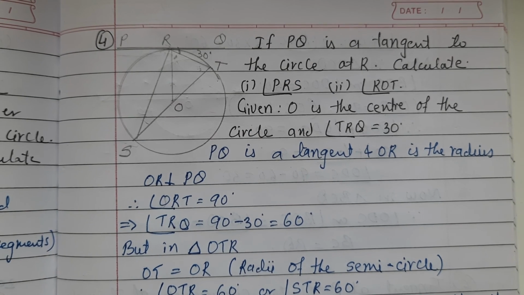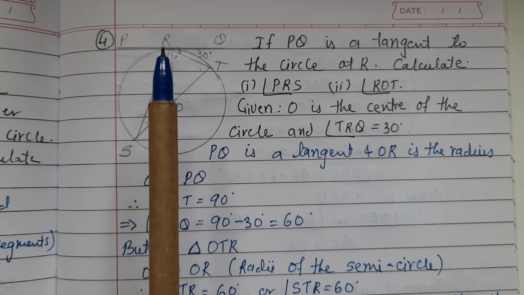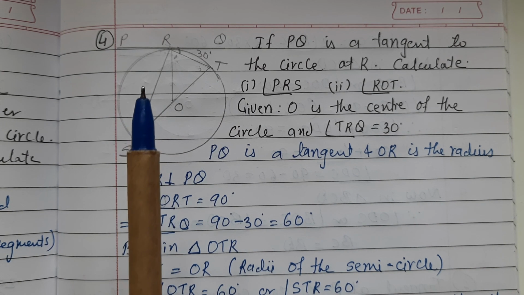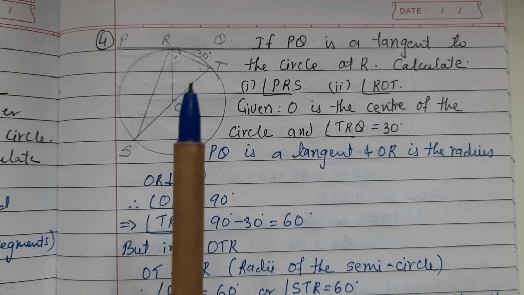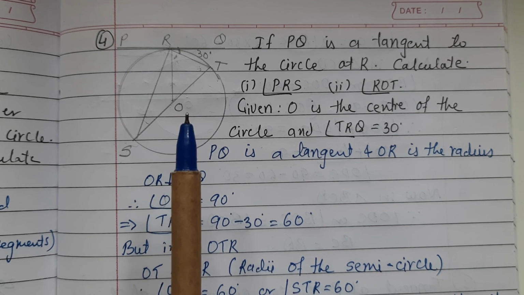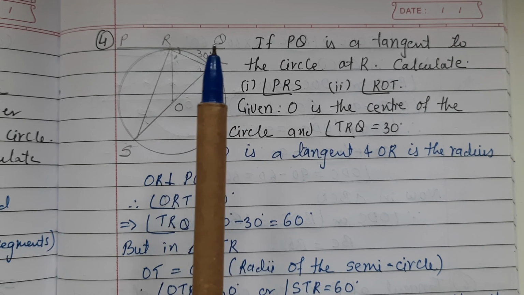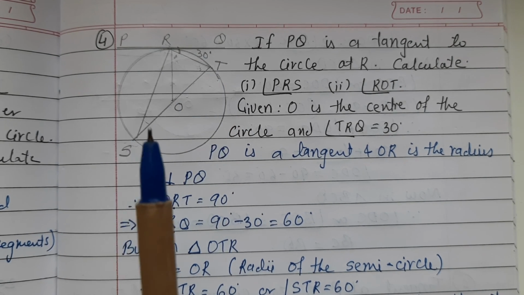Sum number 4. If PQ is a tangent to a circle at R, calculate first part, angle PRS. Second part, angle ROT. Given O is the center of the circle and angle TRQ equal to 30 degrees.